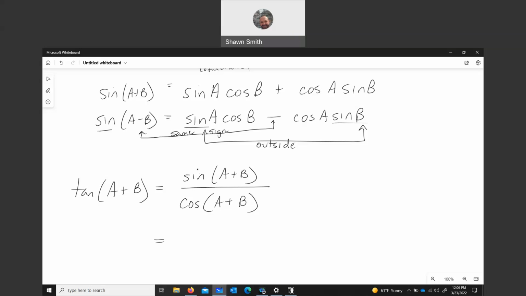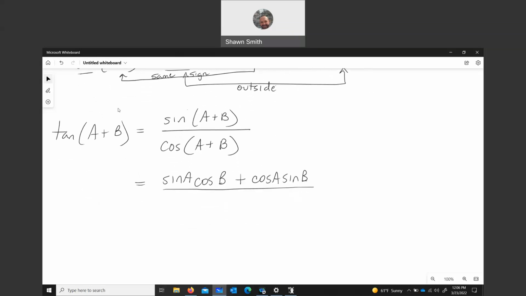Sine of A plus B: sine of the first, cosine of the second, same sign, so it's plus, cosine of the first, sine of the second. The cosine of A plus B: cosine of the first, cosine of the second.